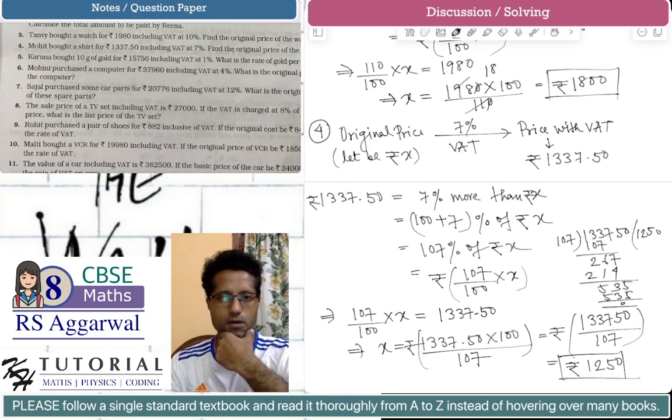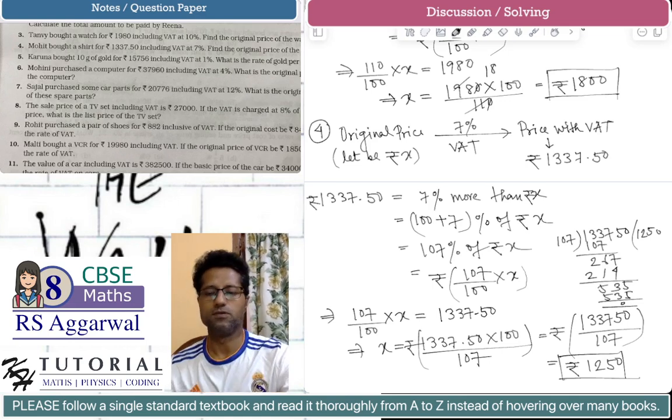So the original price of the shirt was rupees 1250.